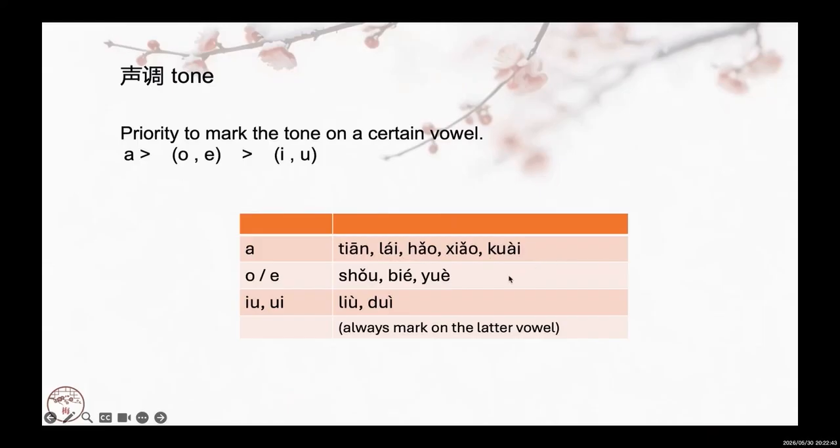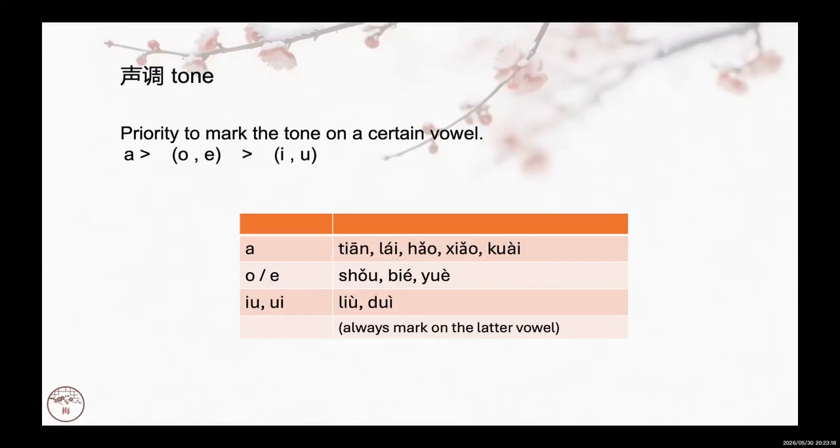Priority 2: if there isn't a in the syllable and there is o or e, we just mark the tone above o or e. You may wonder, what if there are both o and e in the syllable? That's a good question, but don't worry, there isn't such a situation.